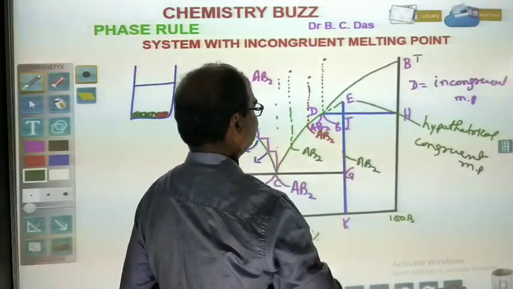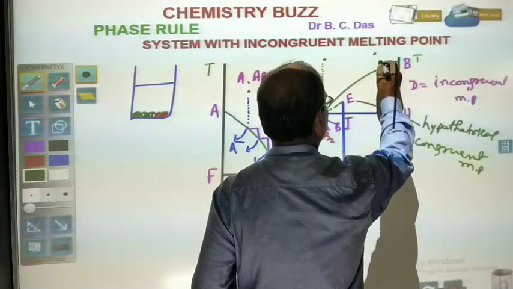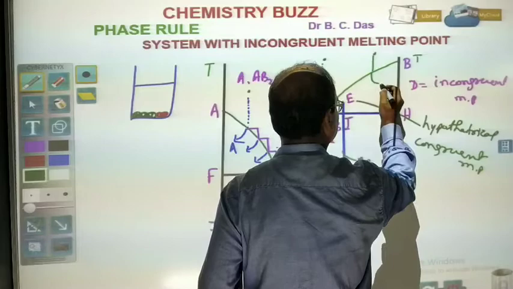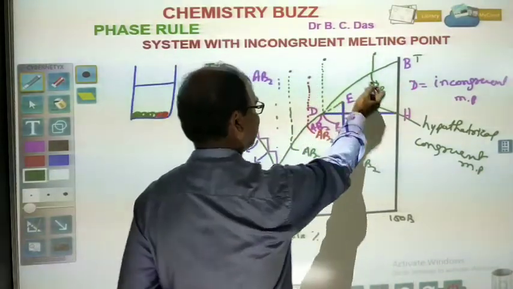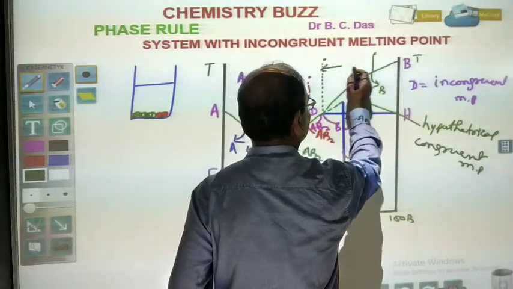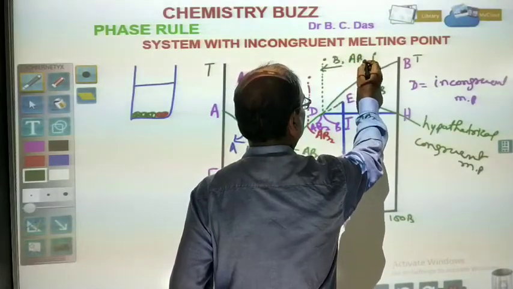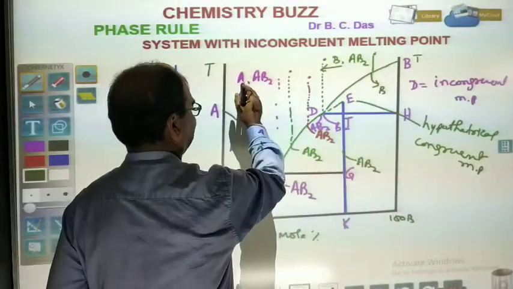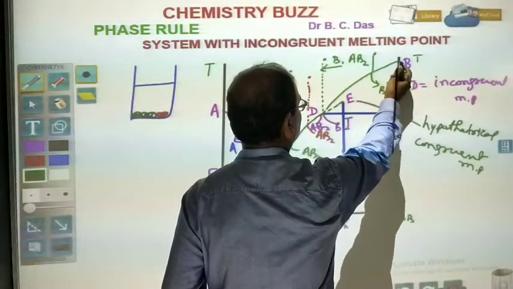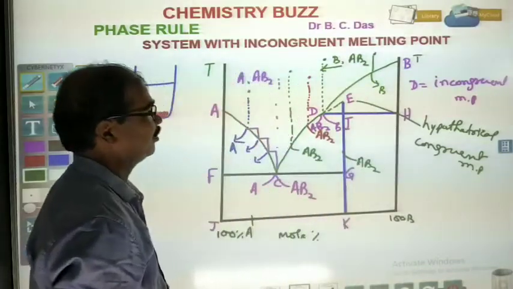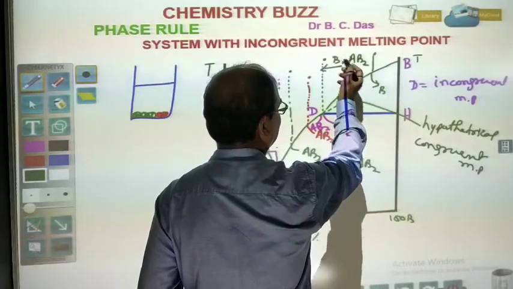Again, if you take the composition, say here, then here you will find the solidification of B, and in this region the melt contains B and AB2. In this region the melt contains A and AB2, and from this point to this, the melt contains B and AB2, and this solid is in equilibrium with the melt.